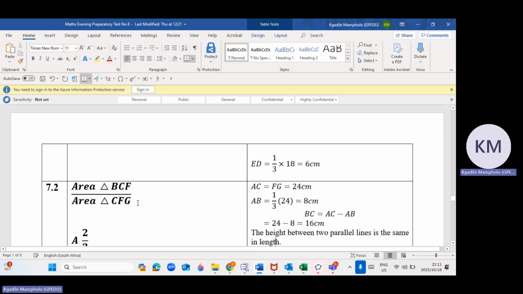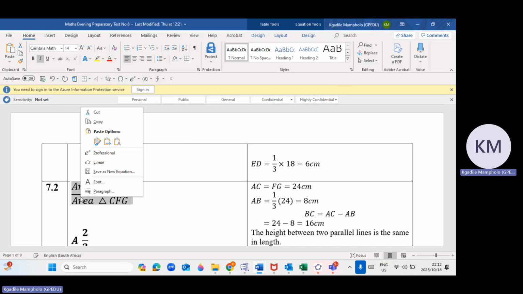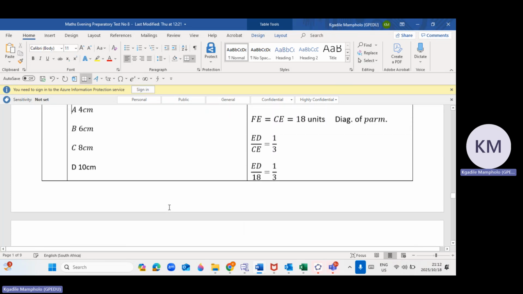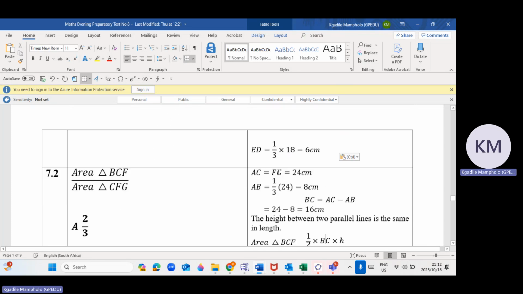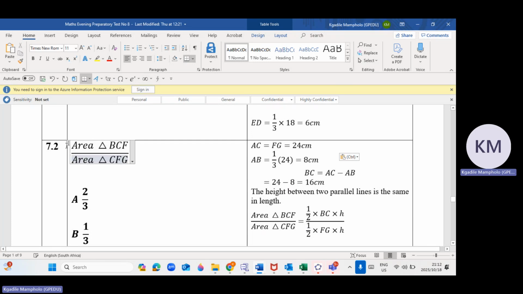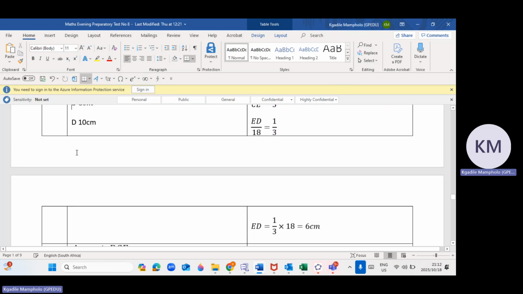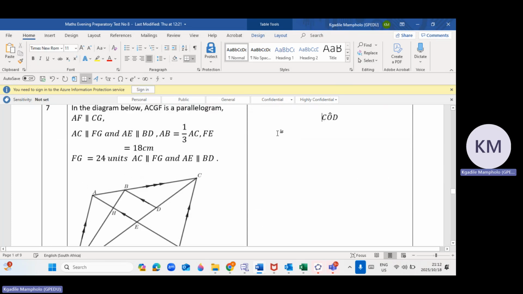Now, the next one, we say the area. We want the ratio of the area of BCF is to the area of, let's copy and paste and look into the diagram, so that we calculate what we see.